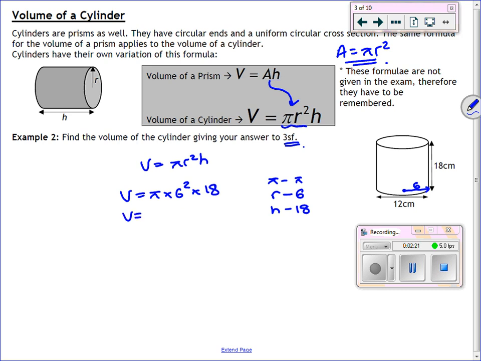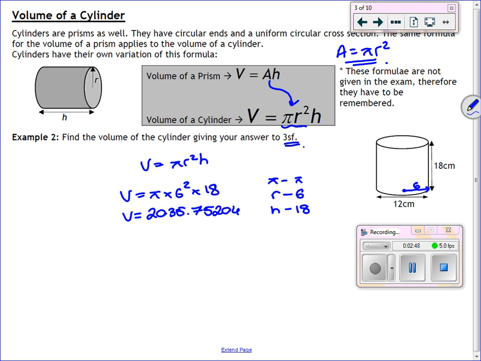So go to your calculator, let's just go ahead and work that out. Pi multiplied by 6 squared times 18, and I'm using the pi button here. It gives the most accurate answer rather than using 3.14. And that's just going to give me 2035.75204.